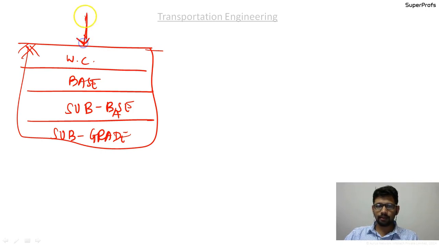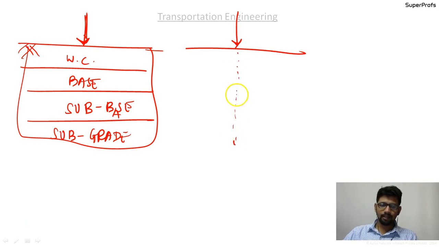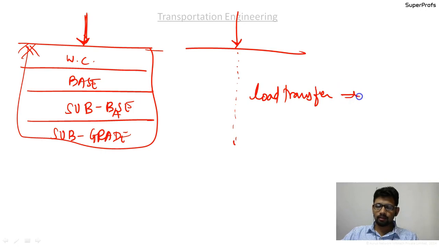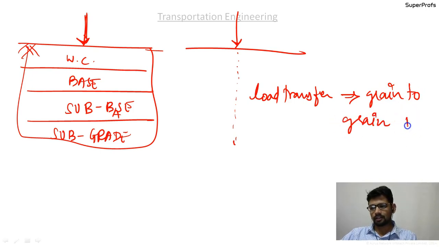Say a point load is applied like this, then the load will be transferred to the subgrade. Load transfer is through grain to grain. It is a grain to grain mechanism. It can be asked as a 1 mark question. Grain to grain load transfer.